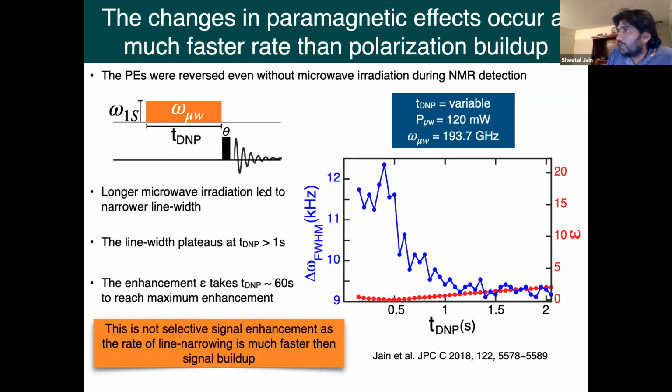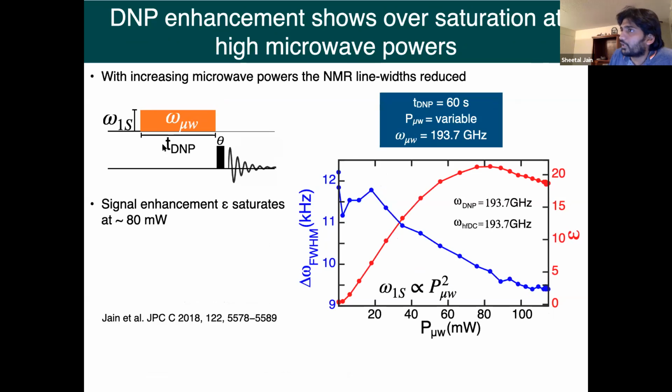So then, in order to understand it in more detail, we tried to vary the other microwave parameters. The next microwave parameter that we varied was microwave power. The square root of the microwave power is proportional to the nutation frequency of the EPR spins caused by the microwave irradiation.